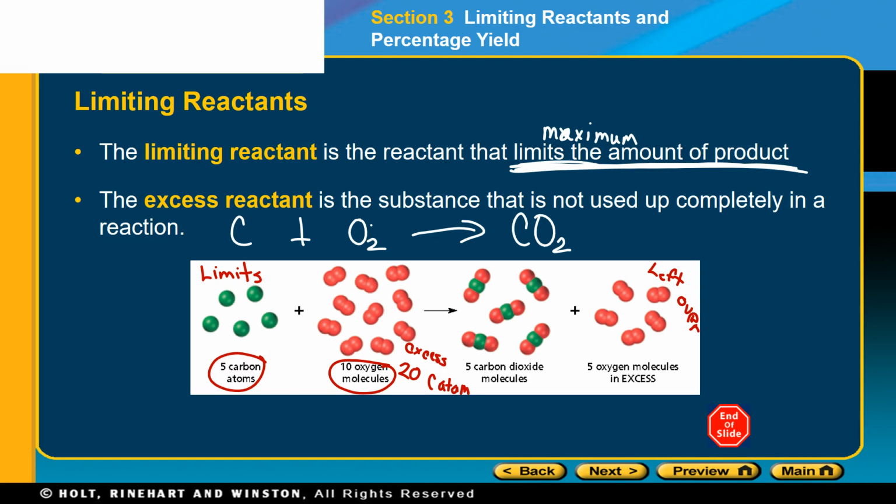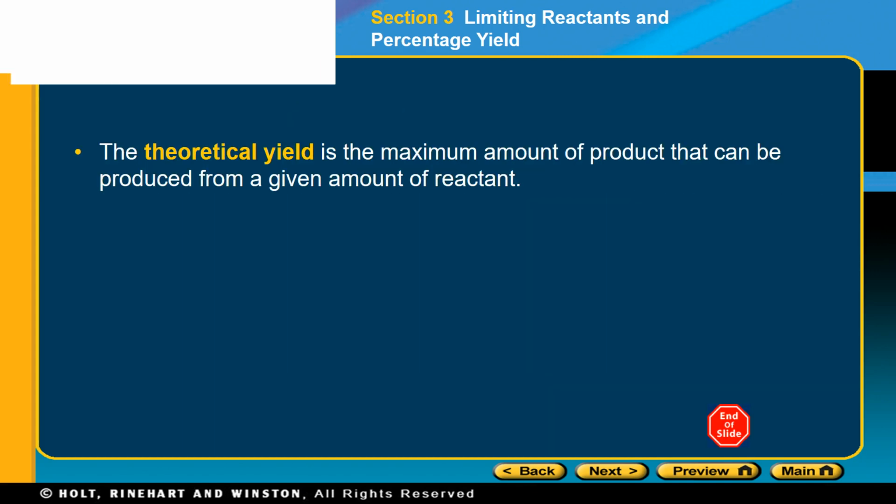But because I only have 5 carbon atoms, I can only use 5 of those oxygen molecules. And then the other 5 are just left over. They're just remaining. So y'all kind of understand that concept, that something's going to produce extra, the other one is going to be used up. All right. So another definition is listed in there, theoretical yield.